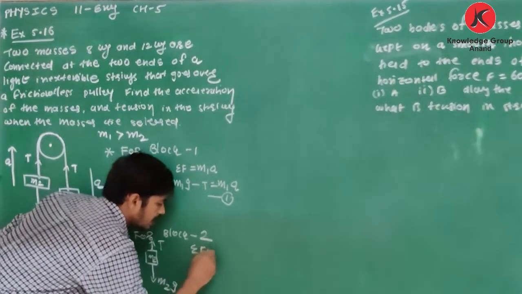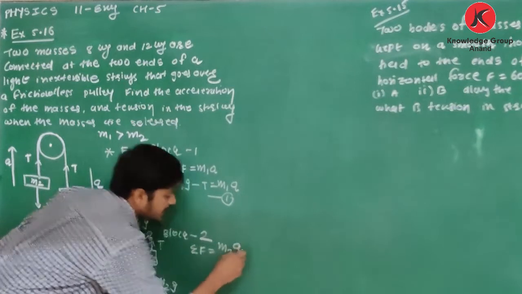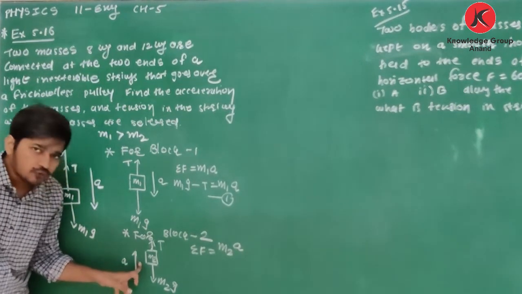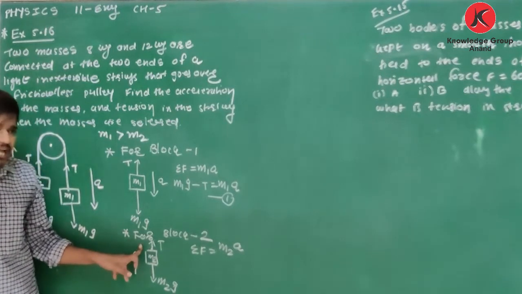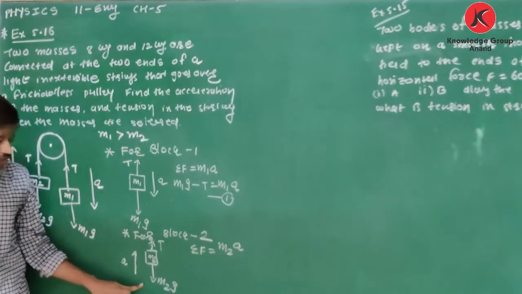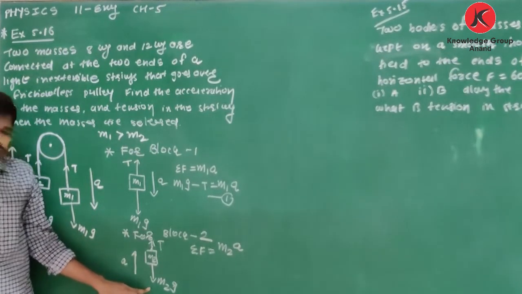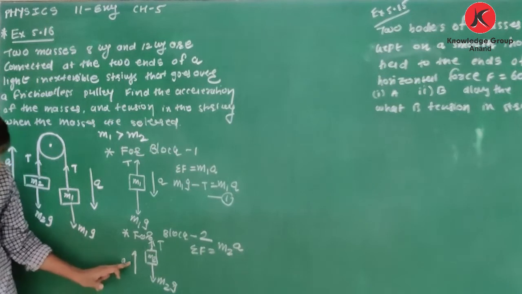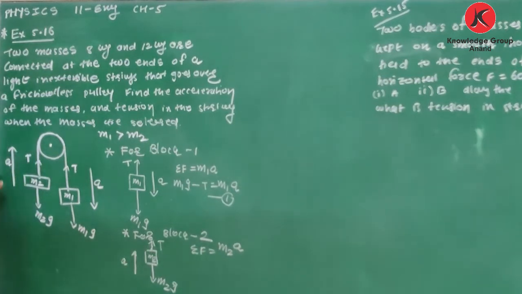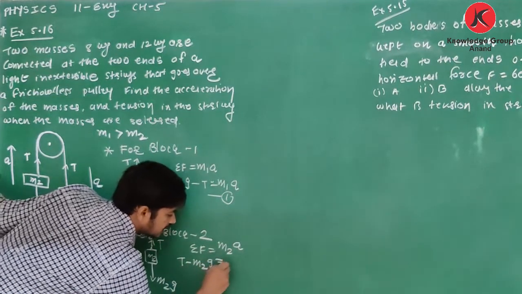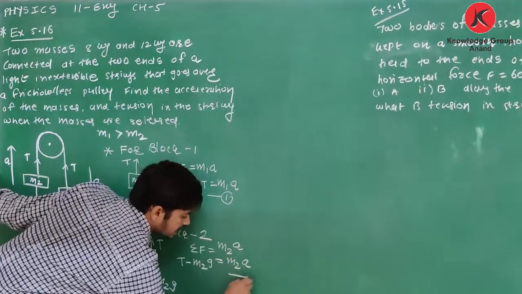Sigma F is equal to M2A. On this block, two forces are acting: T in upward direction, M2G in downward direction. As acceleration is in upward direction, I can write T minus M2G is equal to M2A, equation number 2.